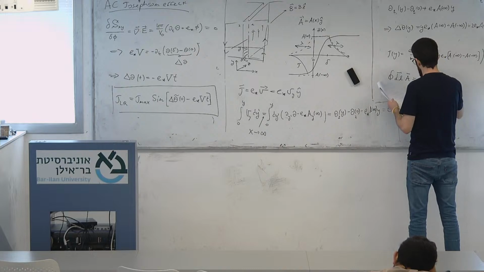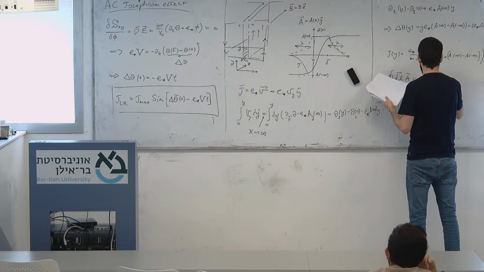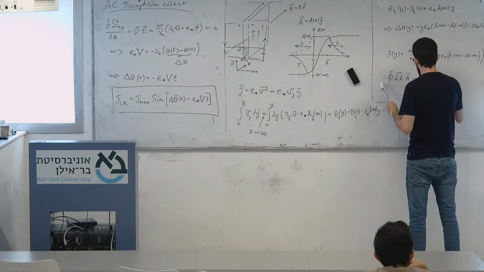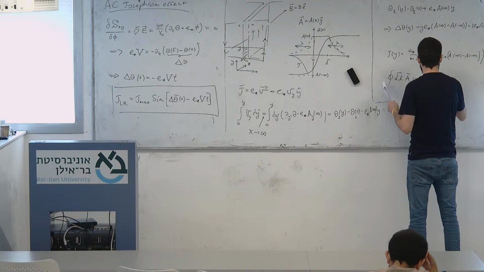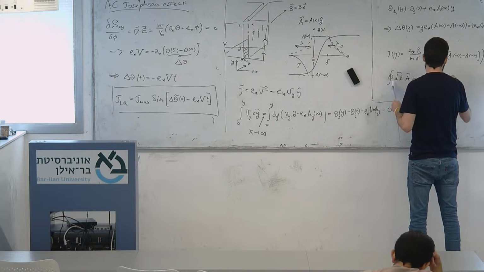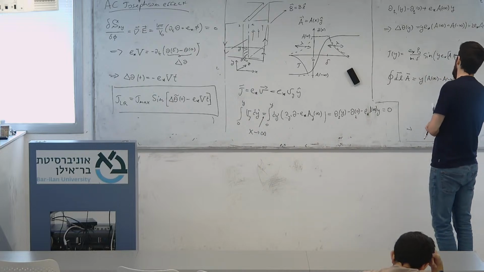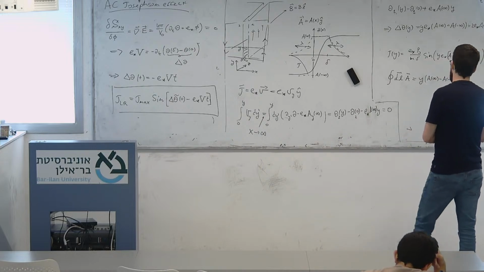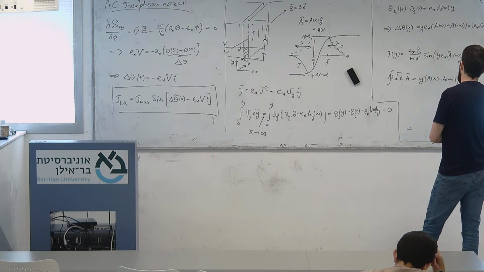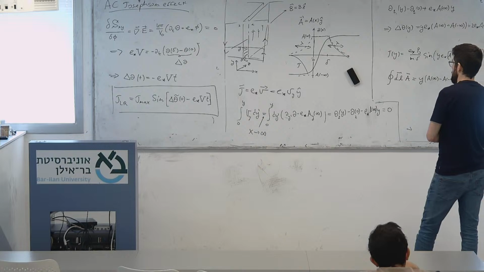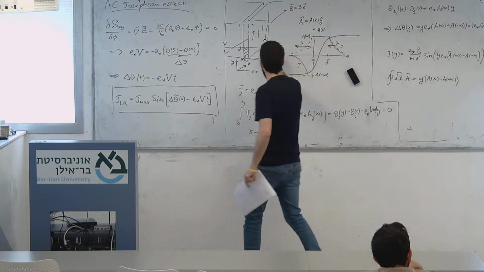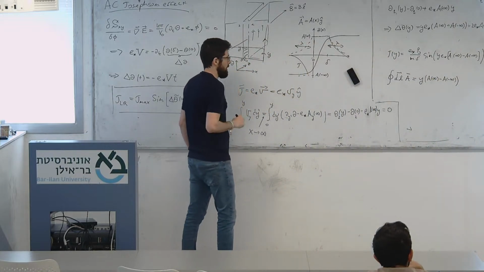So it's going to be Y times A infinity minus A of minus infinity.